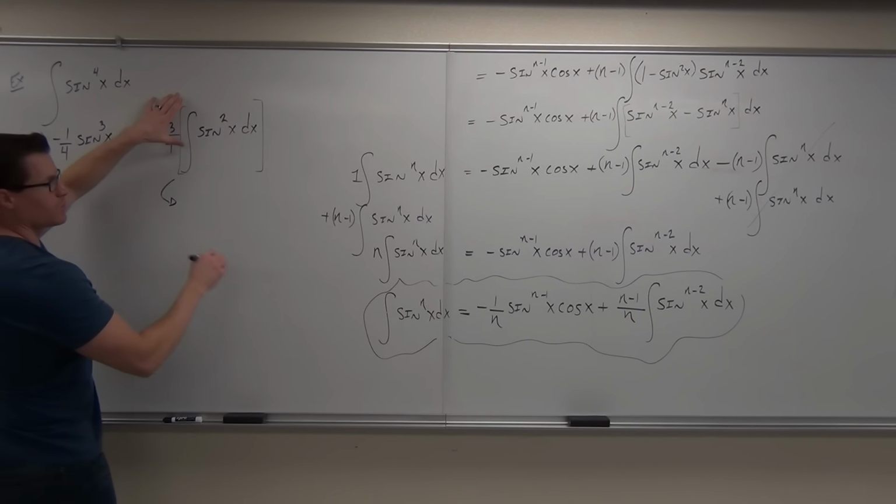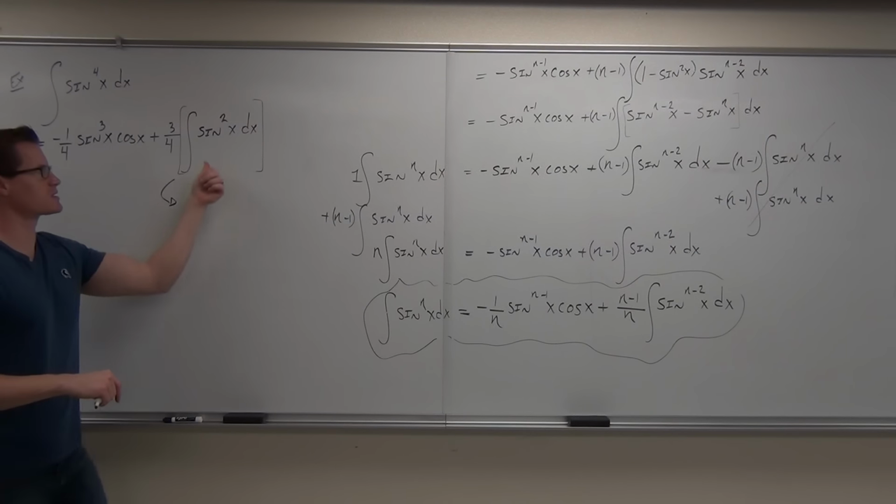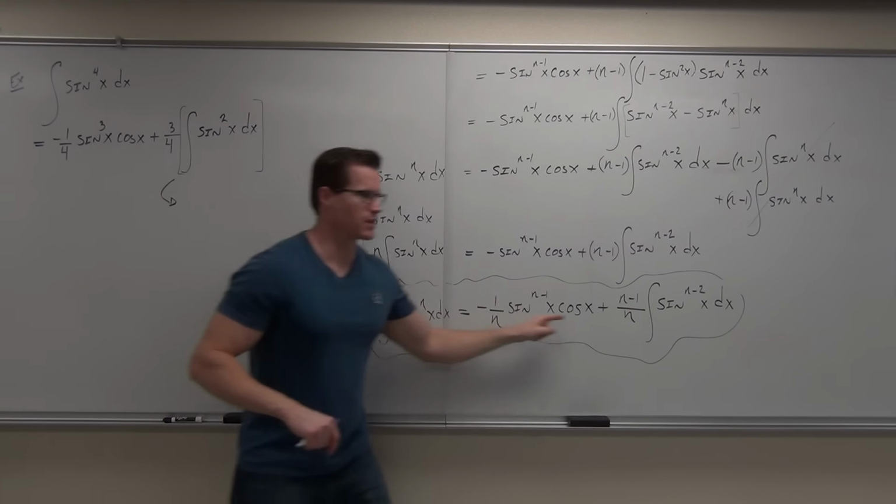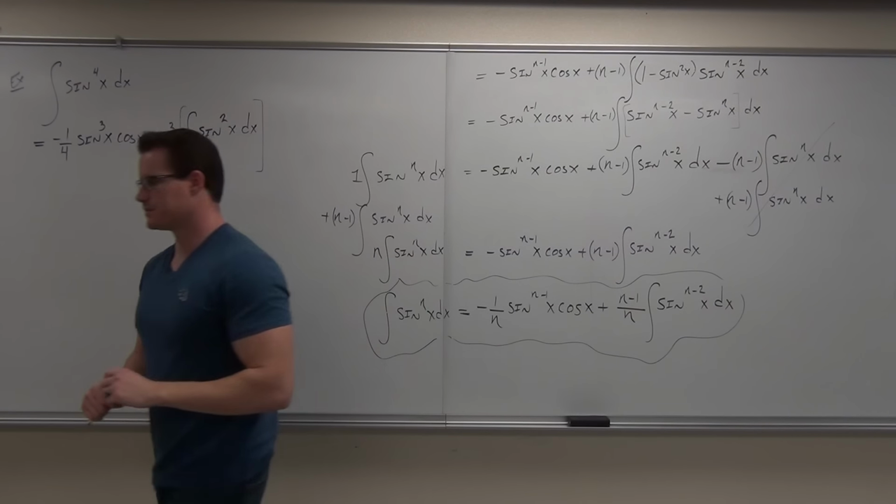So for us, why don't you do it? Just do this little piece, sine squared x. Do it just like that, okay? Just write out what that little piece is.